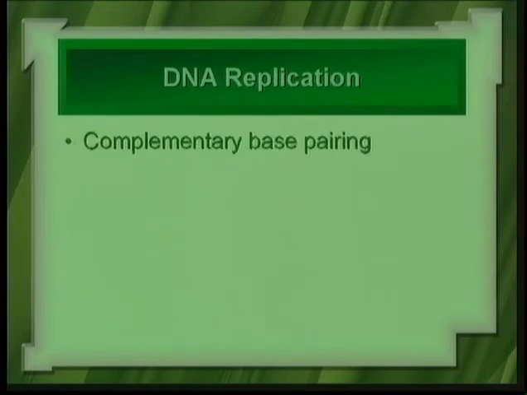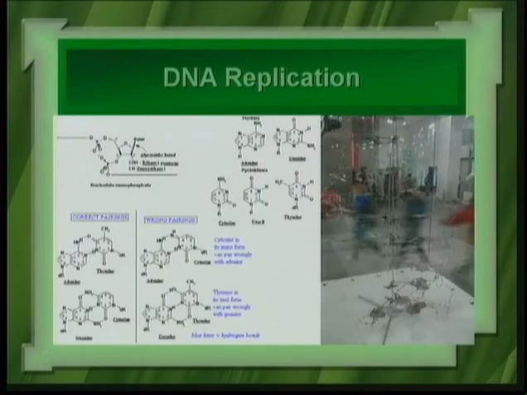Now DNA does replicate. Remember, this happens during the S phase of the cell cycle. And what you have is complementary base pairing. So here you're showing correct pairing between adenine and thymine, and guanine and cytosine.